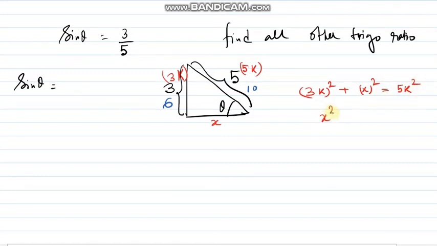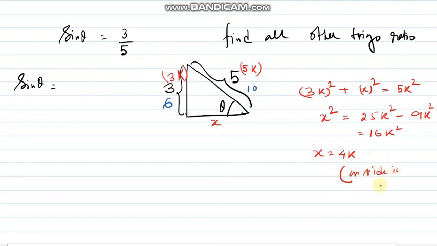So x square equals 25k square minus 9k square, that is 16k square, and so x will be equal to 4k. Please do mention that the side is always positive, because x square equals 16k square, so x would be plus minus 4k, but we are taking only plus 4k because the side is always positive. So sine theta is 3k by 5k, which equals 3 divided by 5.